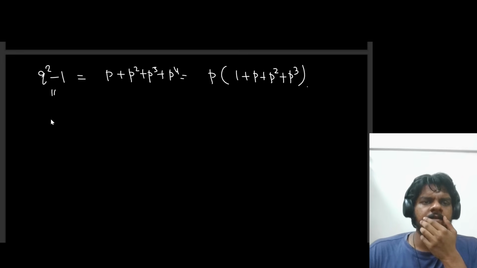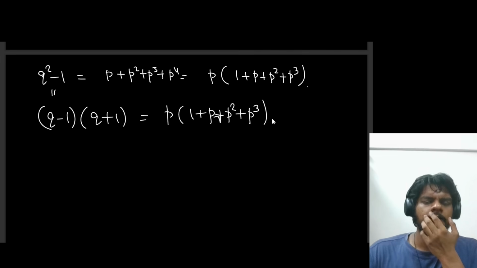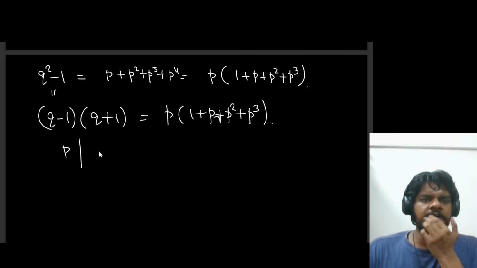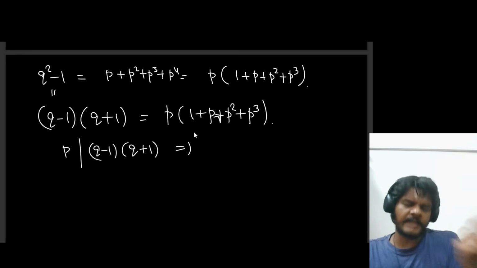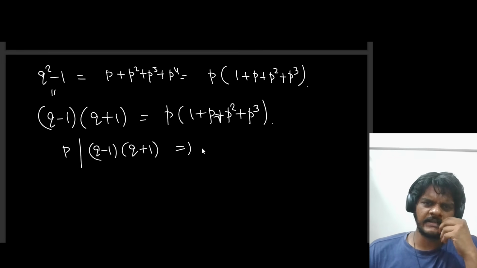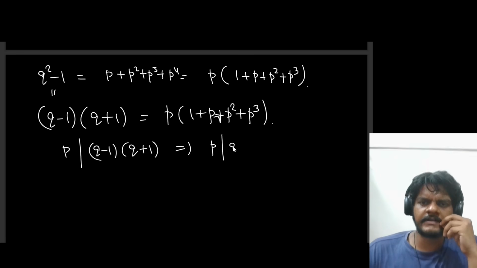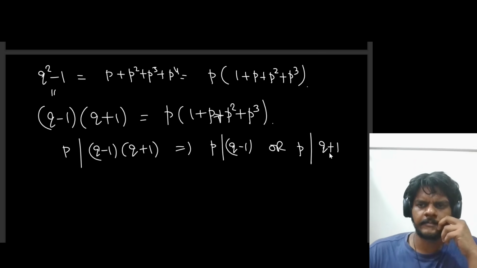And this can be written as (q − 1)(q + 1) = p(1 + p + p² + p³). All right. So p divides (q − 1)(q + 1). That implies, since p is a prime number, that p either divides q − 1 or p divides q + 1. All right.